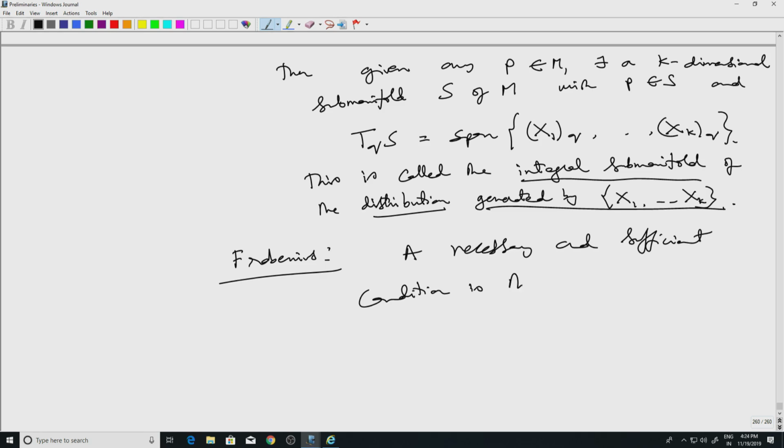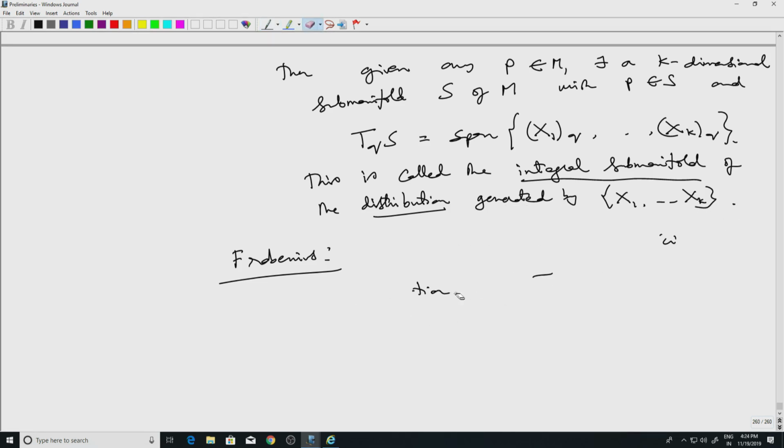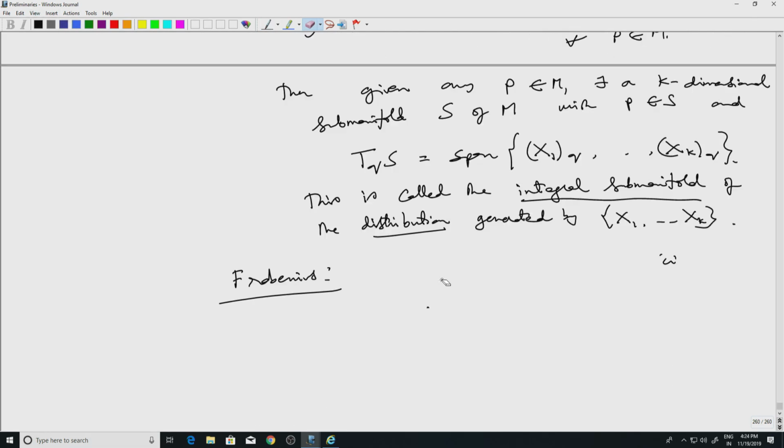Actually, I've already written the necessary and sufficient condition. So if 1 and 2 hold, S always exists. You can always find such a submanifold.